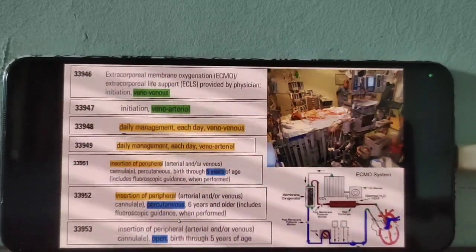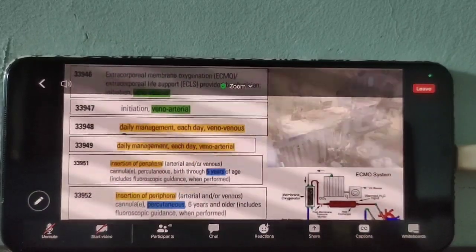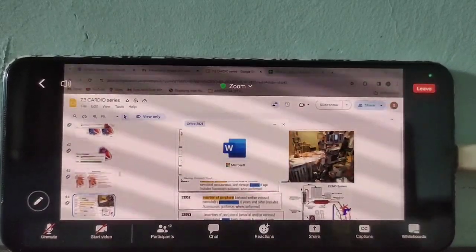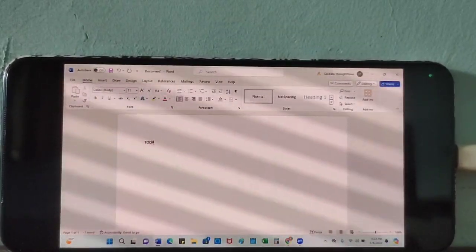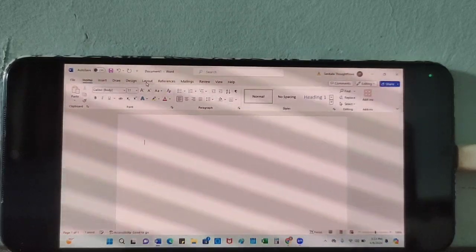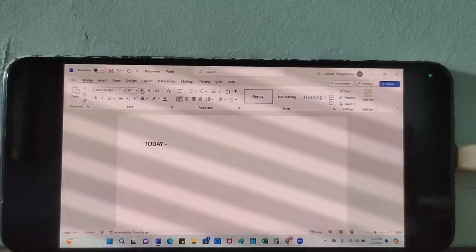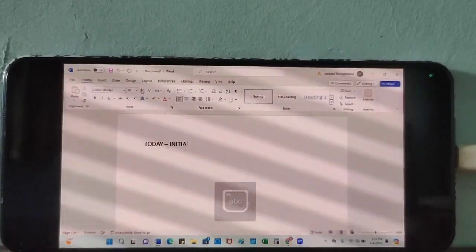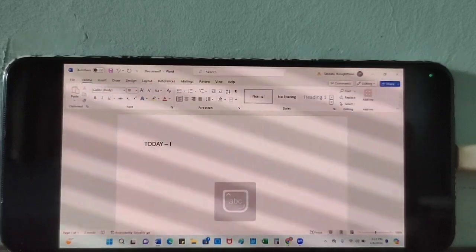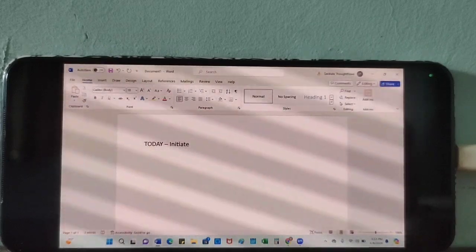So today, the doctor inserts the device for a patient, vein to vein. Today is the insertion day; the doctor initiates the device.